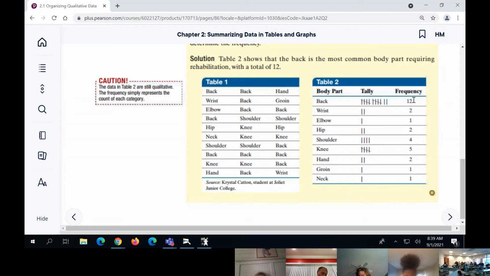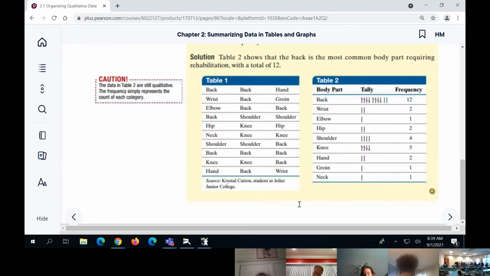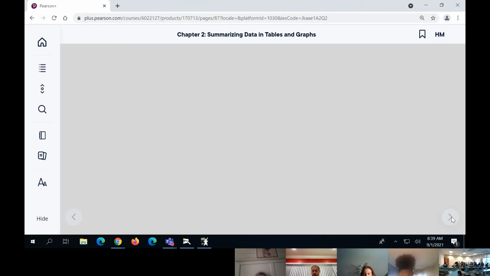It's a qualitative table. Now, a qualitative table, I'm not going to ask you to do anything. But with a quantitative, I'm going to ask you to find the class boundaries, class widths, all that good stuff, and the midpoint. So let's go ahead and get to that. That's a little bit of math. It's not really a lot, but it's a little bit.